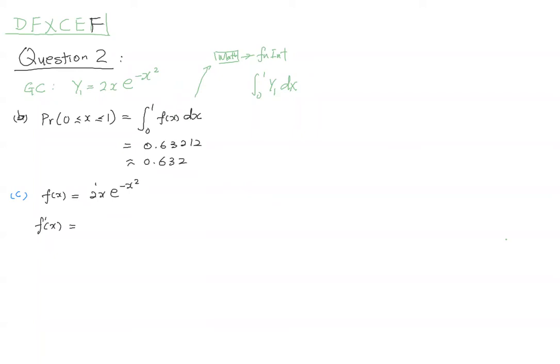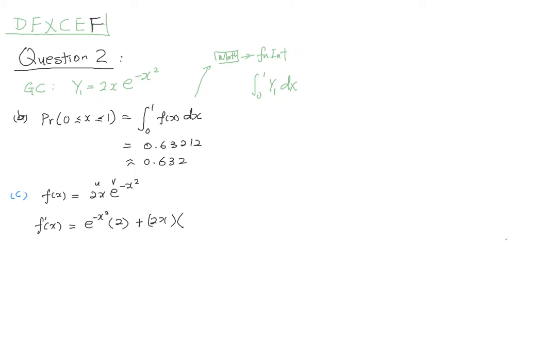This is your U, this is your V. U is 2x, U prime is 2. So I have to write V U prime, 2, plus U V prime.